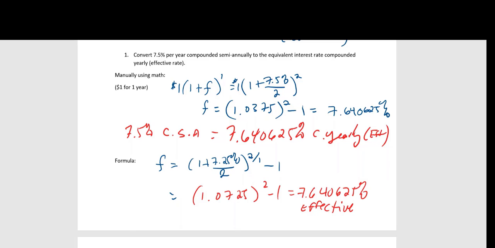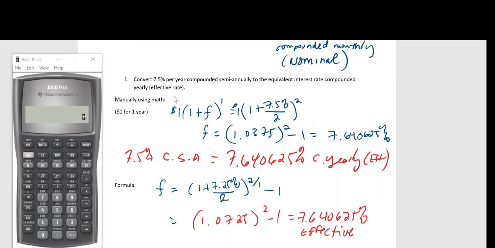Working this out, we get F equals 1.0375 squared minus 1, which gives 7.640625% every year. So 7.5% compounded semi-annually equals 7.640625% compounded yearly, or the effective rate. The formula gives the same result.